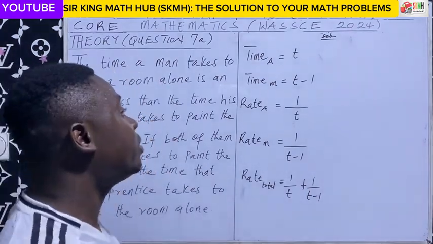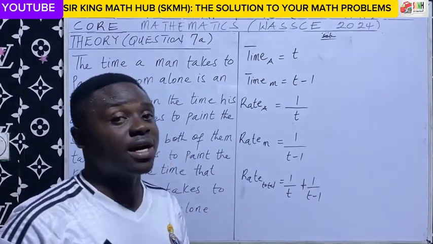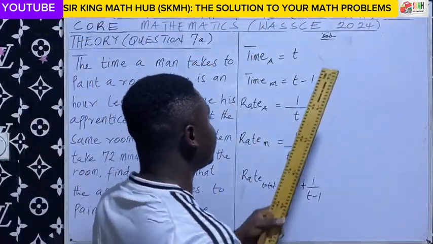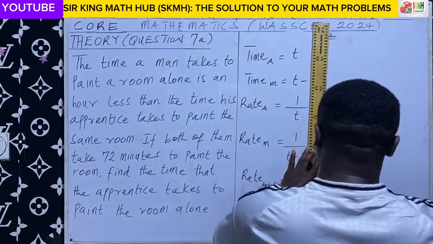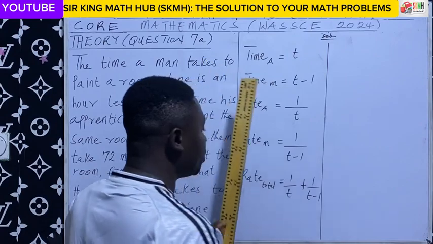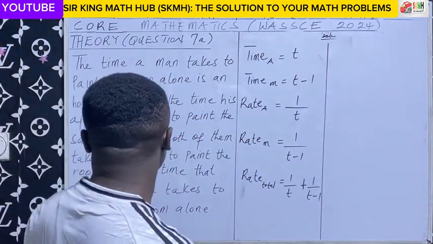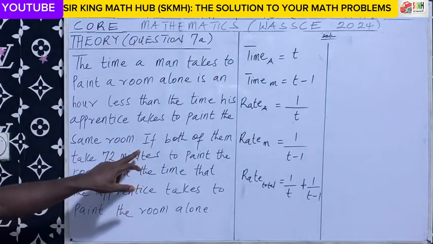Now with this one, can we also find a formula for finding the total rate? Yes, we can also create a formula for finding their total rate. So how do we do that? We need to revisit the question. Now let's look at something.